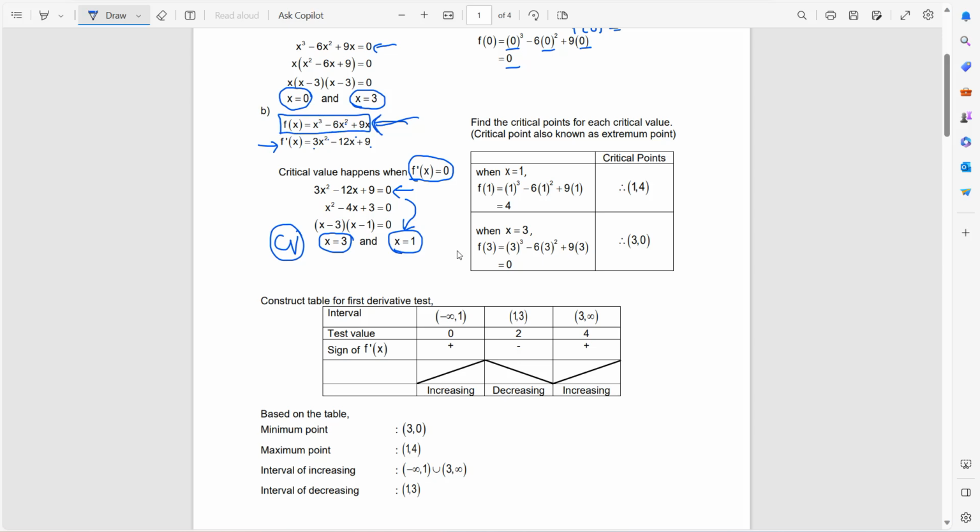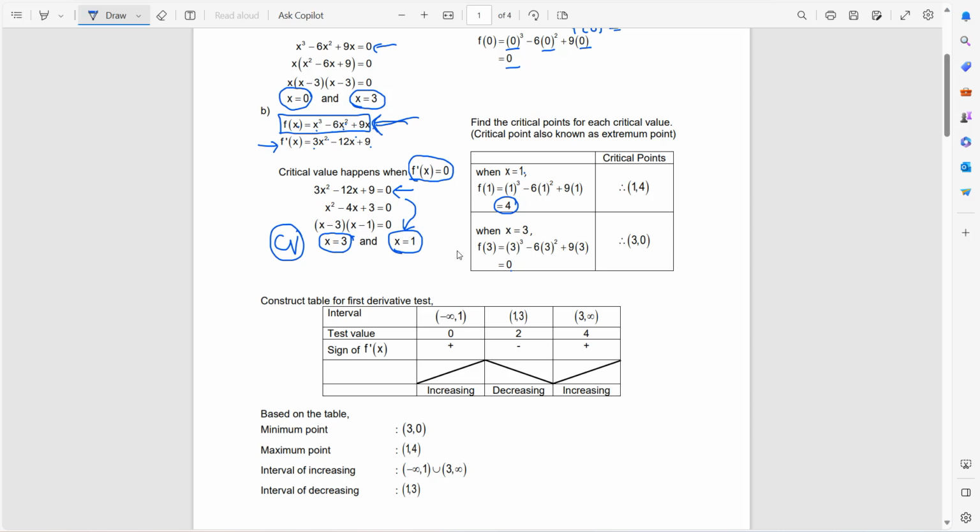When x equals to 1, we substitute 1 here, and then we get 4. So the first critical point is (1, 4). For x equals to 3, we do the same thing, and then we should get 0. So we already got our two critical points, which are (1, 4) and (3, 0).